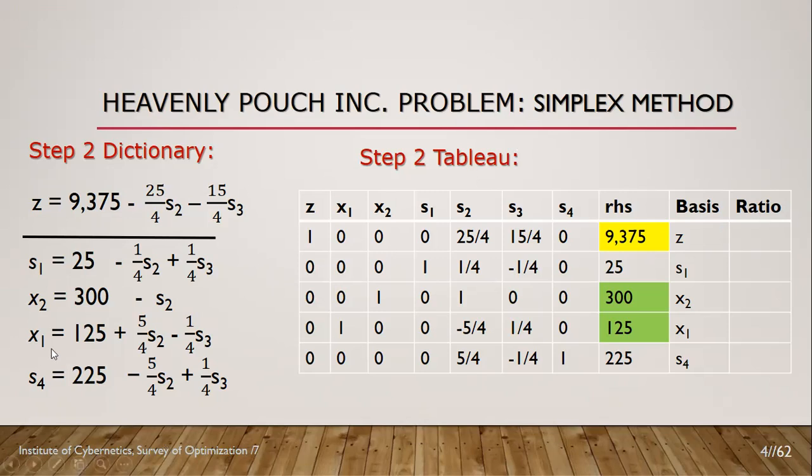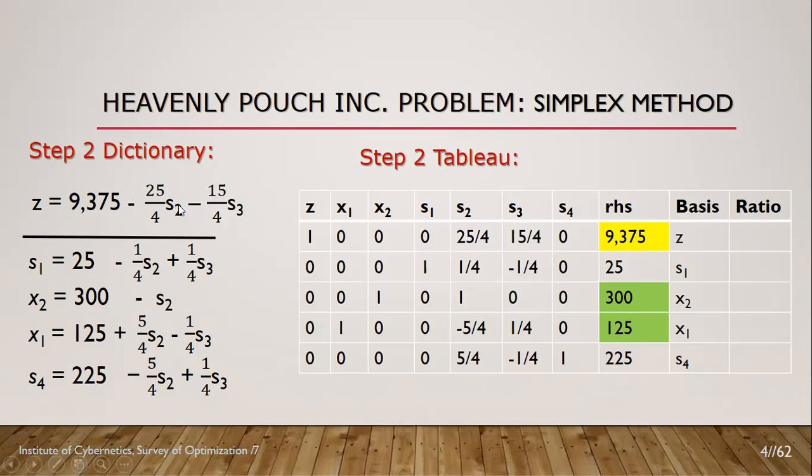And here we see that all of the variables have negative coefficients, right? So meaning that there is no potential for improving optimality furthermore. And here in the tableau format, we see that all of the non-zero coefficients are positive.